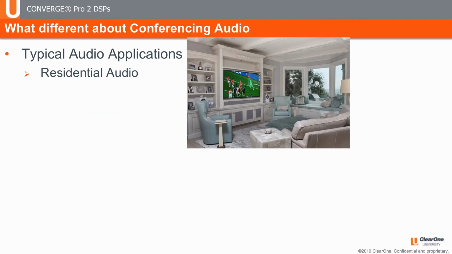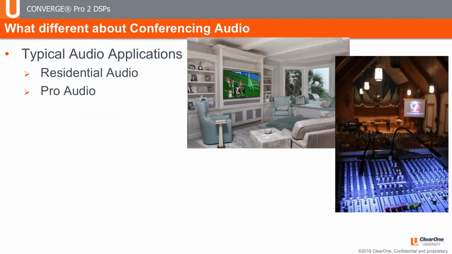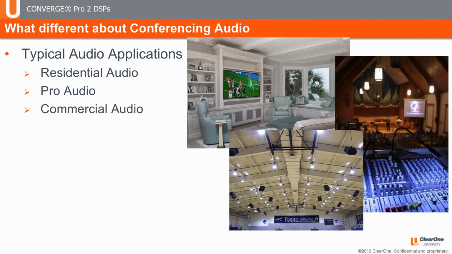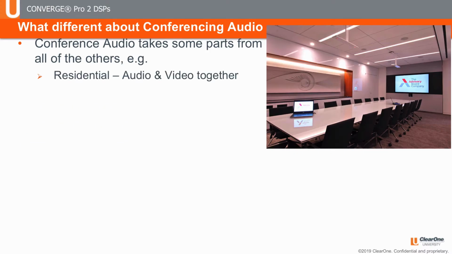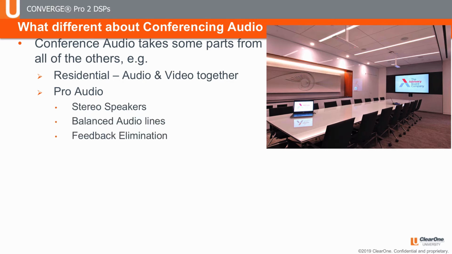There are multiple types of audio applications, including residential audio, pro audio, commercial audio, and conference audio, to name a few. Why does conference audio need its own specialized DSP mixer? Conference audio incorporates some features from all of the other disciplines. For example, residential audio, with its focus on making both audio and video together.